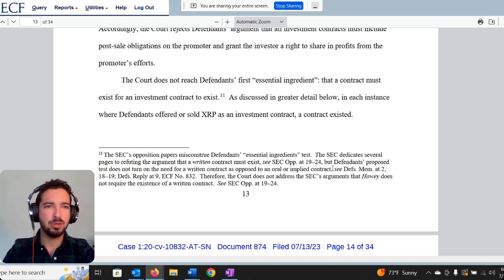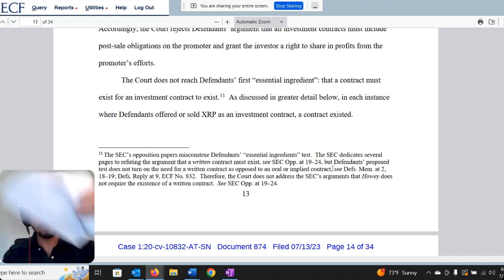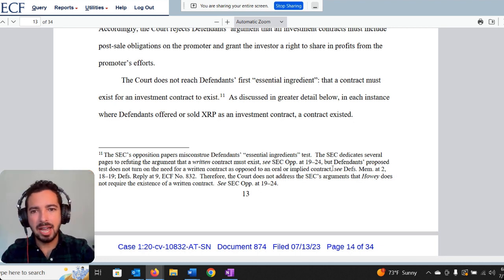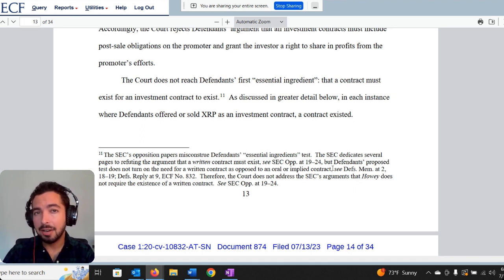I mean, I think most people have heard of a verbal agreement. So just because a contract does not have a piece of paper, does not mean that it's not a contract that you can enforce in a courtroom and all that stuff. So she's saying the SEC just didn't understand that. Like the lawyers that worked there were not smart enough to figure out that Ripple was only talking about a contract and not necessarily a written contract.